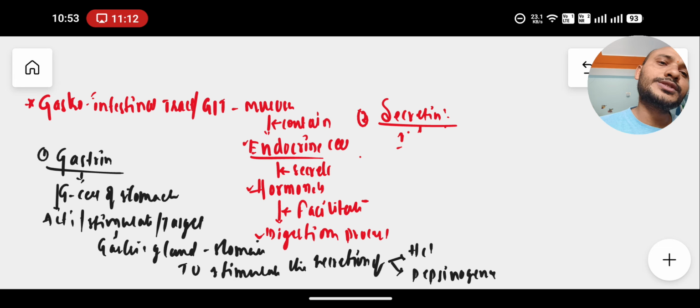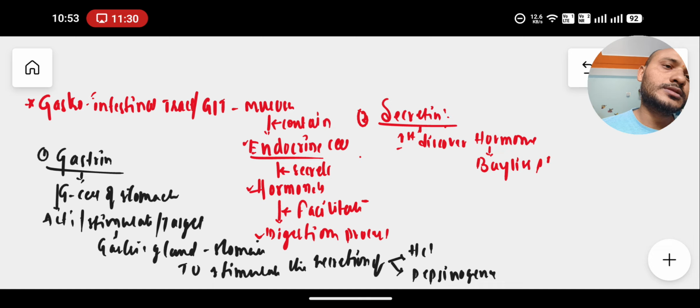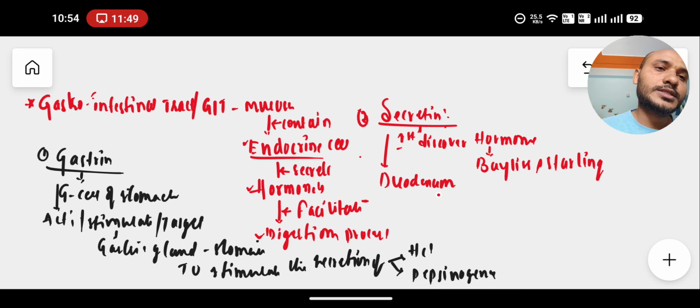It was discovered by two scientists, Bayliss and Starling. The source of the secretin hormone is the duodenum of the small intestine.